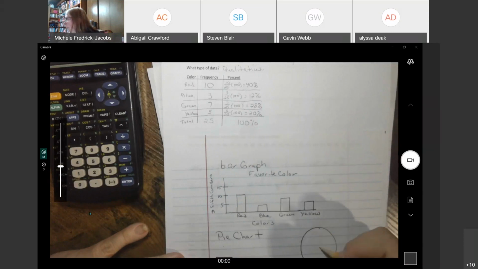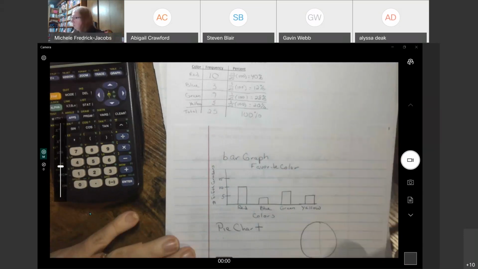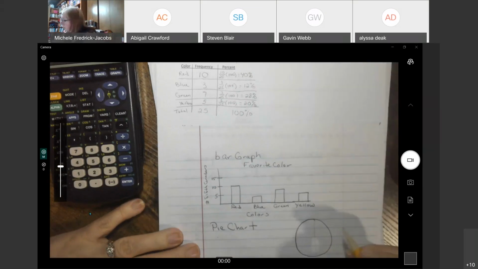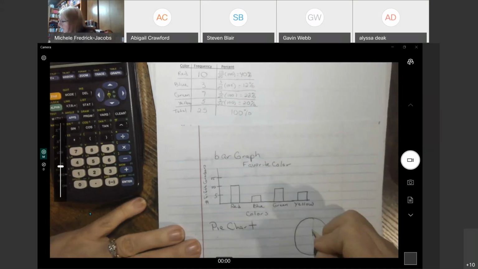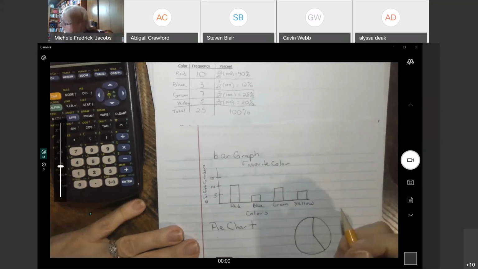Well, we know half would be 50%, and the 1 is 40%. If we went a little bit less than half, that would be 40%.